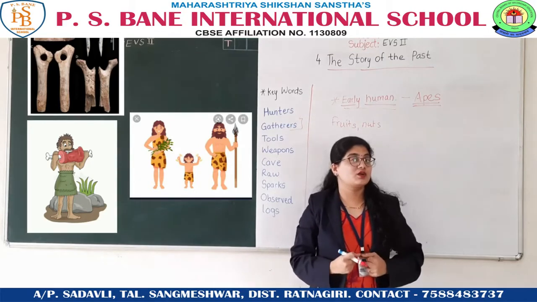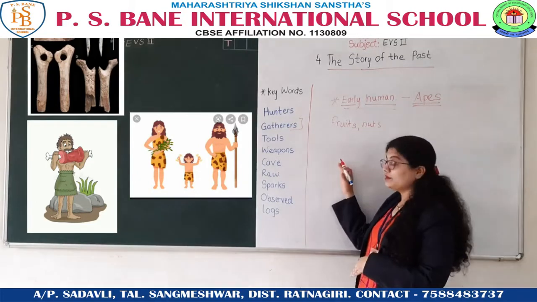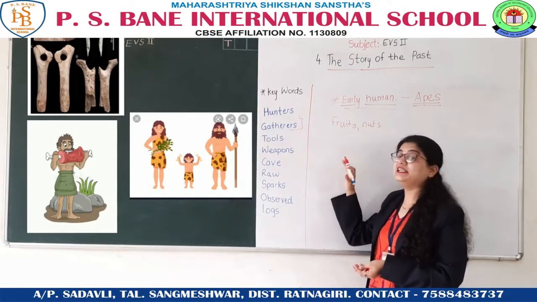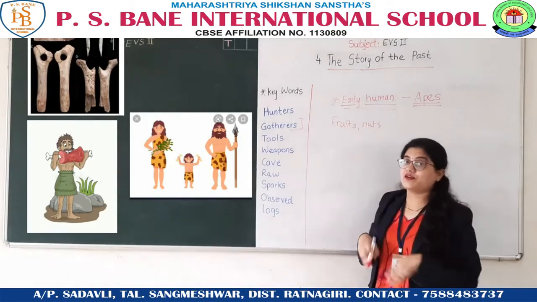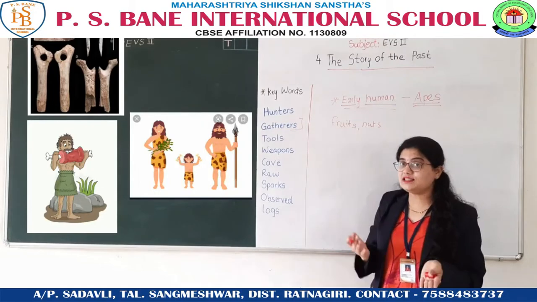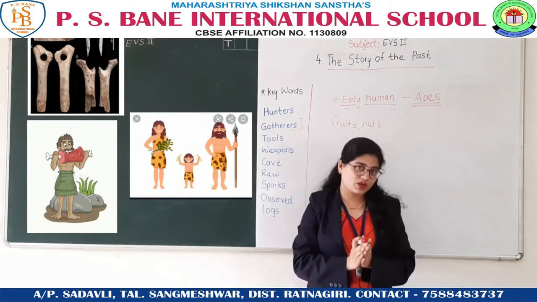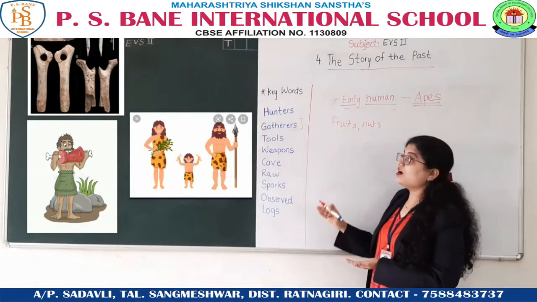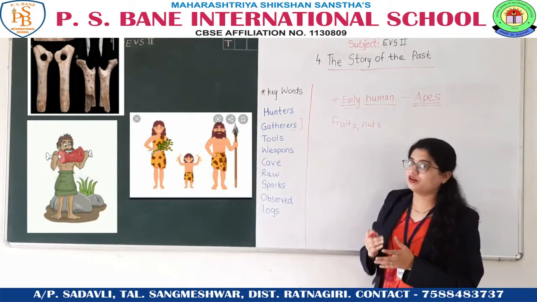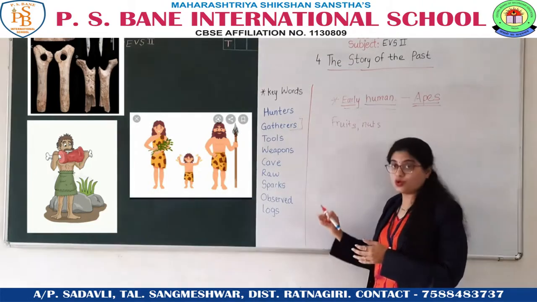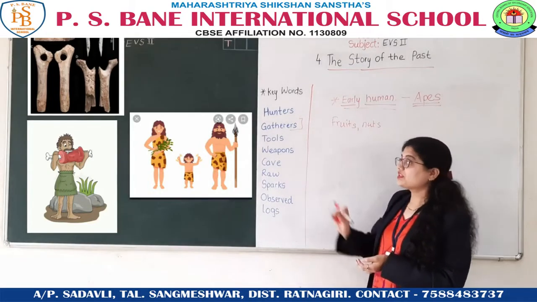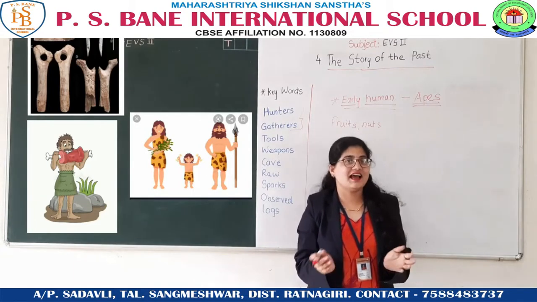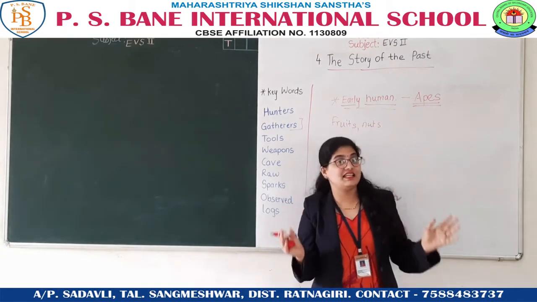They made their clothes using animal skin, and also different leaves of plants they wrapped around themselves as clothes. You can see in this picture these early human beings wearing different clothes, made of animal skin and different leaves.